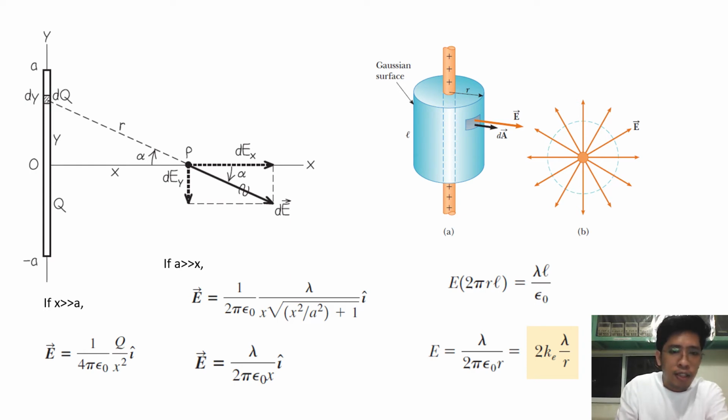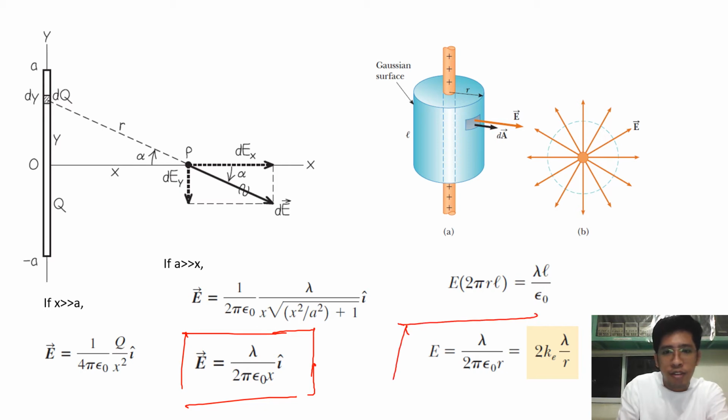We solved this one using a tedious integration, and we got this answer if a is greater than x. But you can actually compare this one to this equation. Here you just have your x because we are referring to x, and here you have your r because it is any point at distance r from this cylinder.